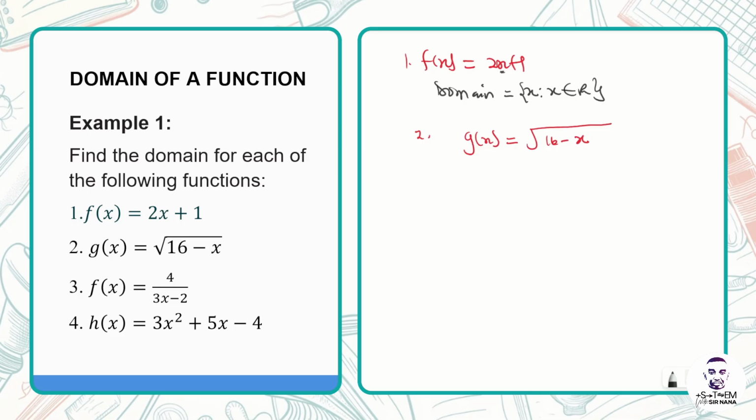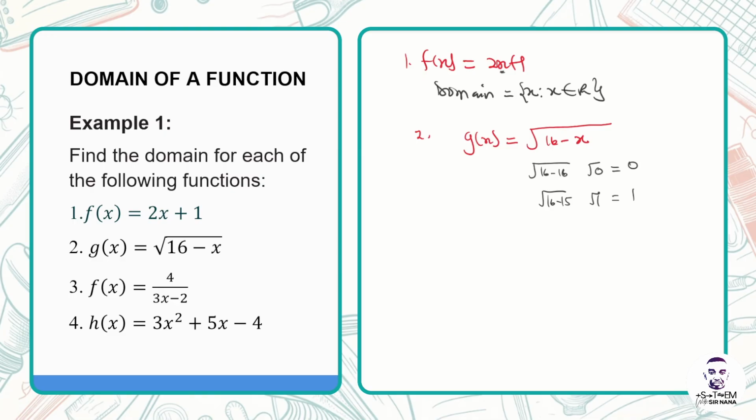By inspection, when x is 16, we have the square root of 16 minus 16, which is the square root of 0, and we know that this gives us 0. We can also have 15: the square root of 16 minus 15, which is the square root of 1, and that will also give us 1, which is a defined term.